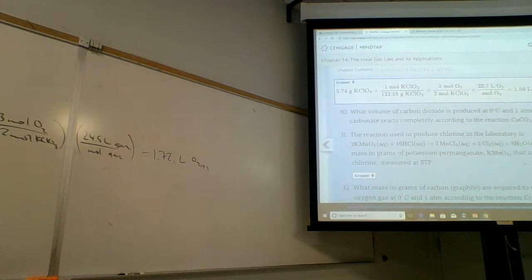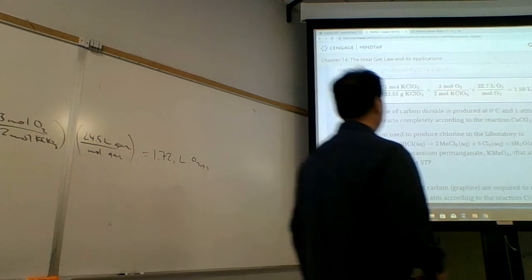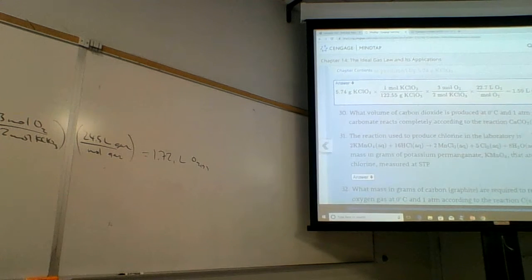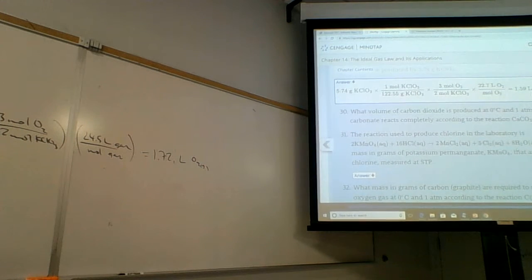These are the two most useful to memorize. For this particular problem, I would go from grams of calcium carbonate to moles of calcium carbonate, from moles of calcium carbonate to moles of CO2, and from moles of CO2 to volume of CO2 using the molar volume.